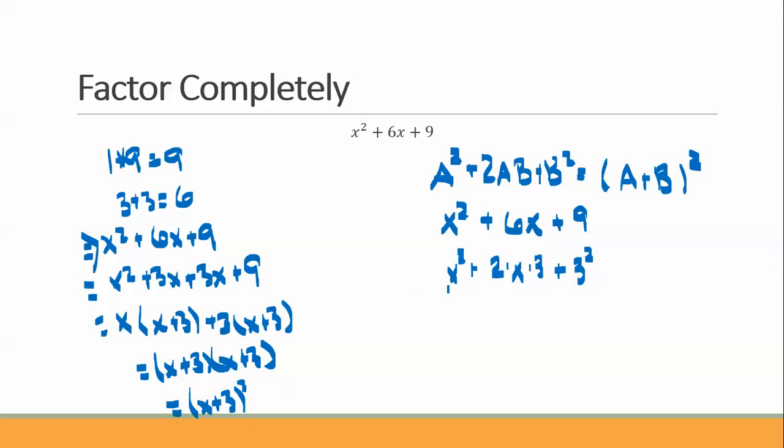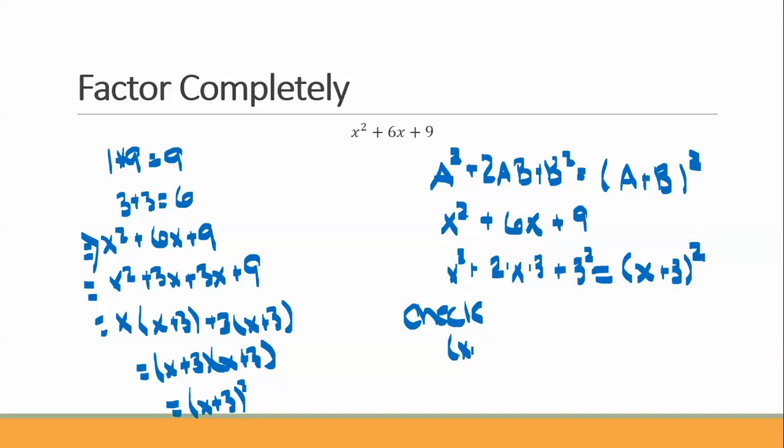So now we have x squared plus 2x times 3 plus 3 squared. That's in this same form. So from there we know that our a is x and our b is 3. So that's x plus 3 squared. And sure enough, they're equal. Quick check of our answer.